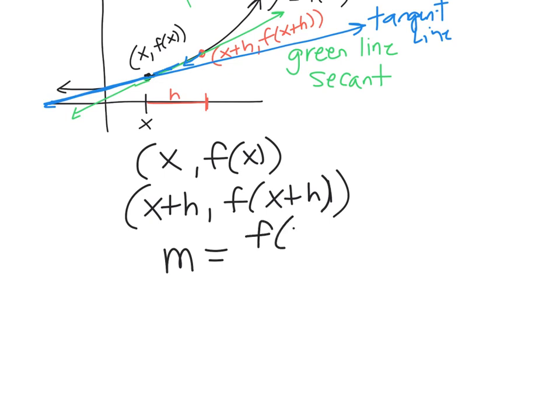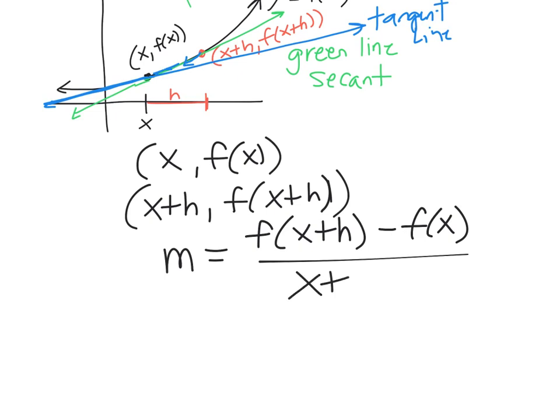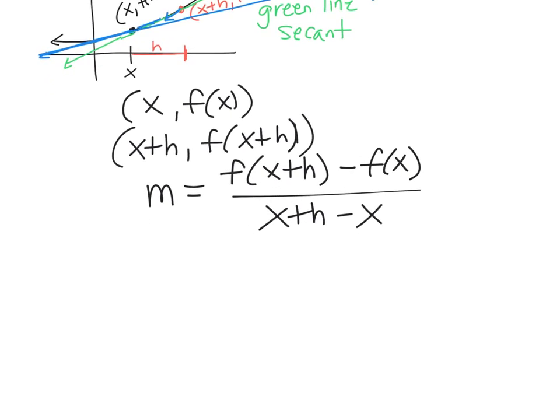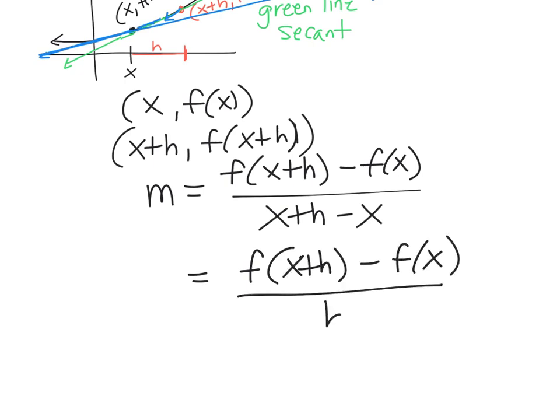So f of x plus h minus f of x, all over x plus h minus x. Simplify that, and I get f of x plus h minus f of x all over h.